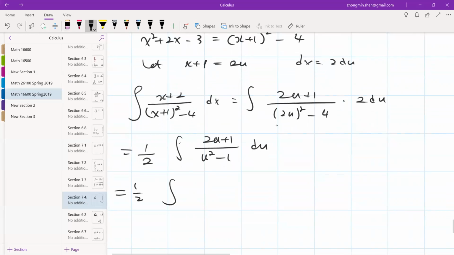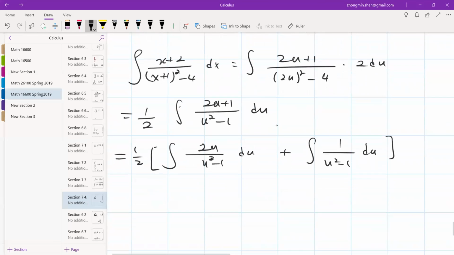I have 2u over u squared minus 1, okay? Du, I separate. And the second one, we already know that, right? Yeah. The first one, actually, you have to use another substitution because there was a u on the top, so you can use a substitution.